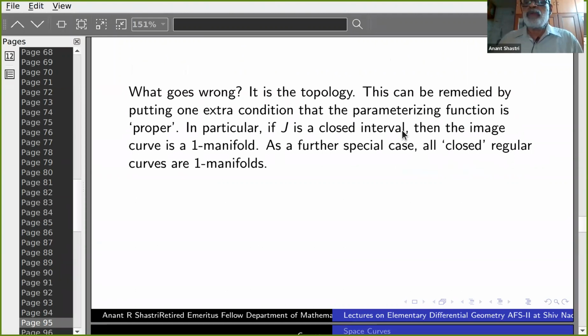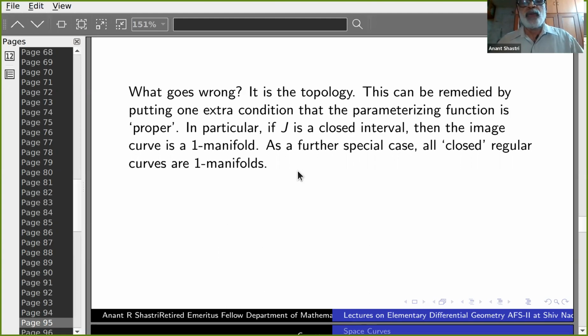A closed and bounded subset of Rn is compact. Under a continuous function, the image will also be compact. Not only that, if you have a continuous bijection into Rn, it will be a homeomorphism onto the image. So this is the standard topology that you definitely learned in AFS-I.